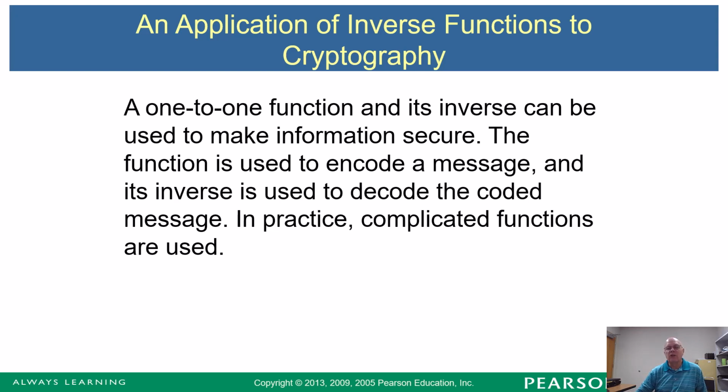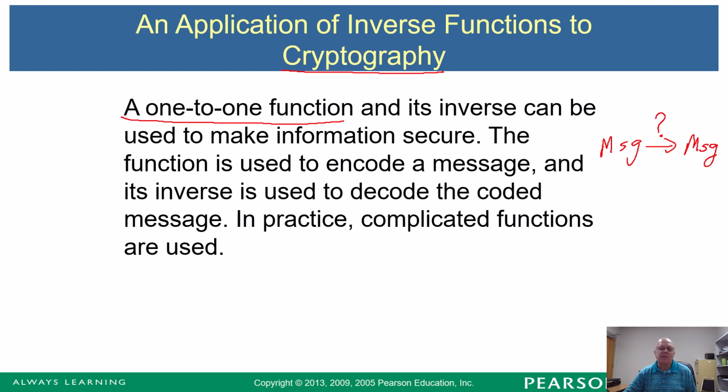Now, we're going to use a simple example here because cryptography can be quite challenging. A one-to-one function allows you to do some cryptography. And what am I talking about? I'm talking about taking a message, making it so you can't tell what the message is, and then on the other side, putting that message back together.